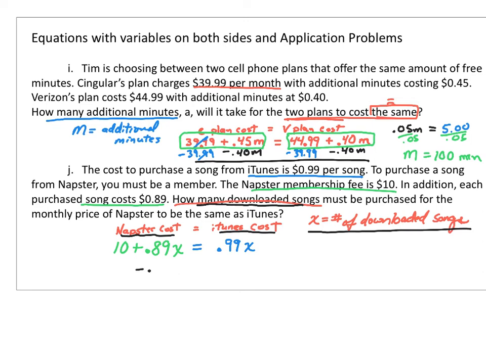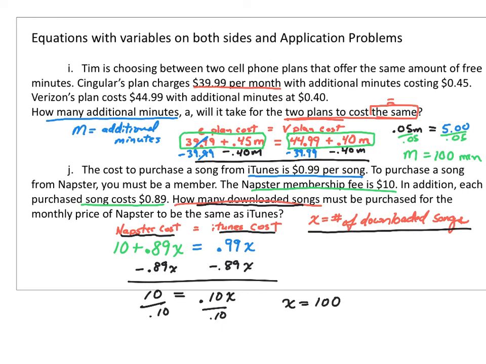We can subtract 0.89x from both sides to get 10 equals 0.99 minus 0.89, that's 10 cents. So 0.10x, then we could divide by 0.10 to get x equals 100.